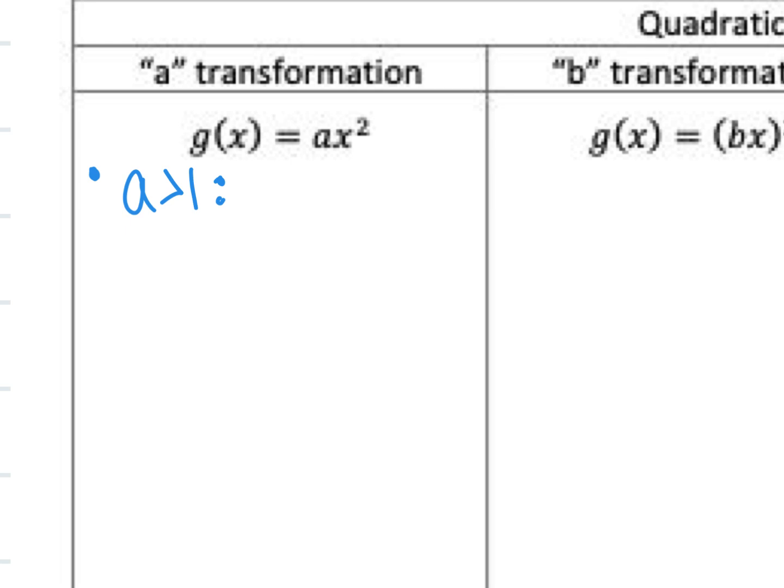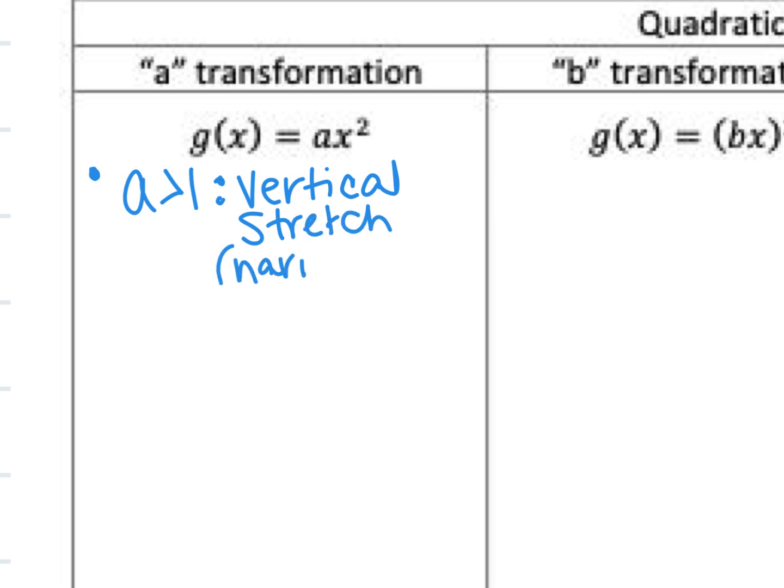If A is bigger than 1, this is going to be a vertical up and down stretch, meaning that our graph is going to be narrower or skinnier. Okay, so like we did on example 1.